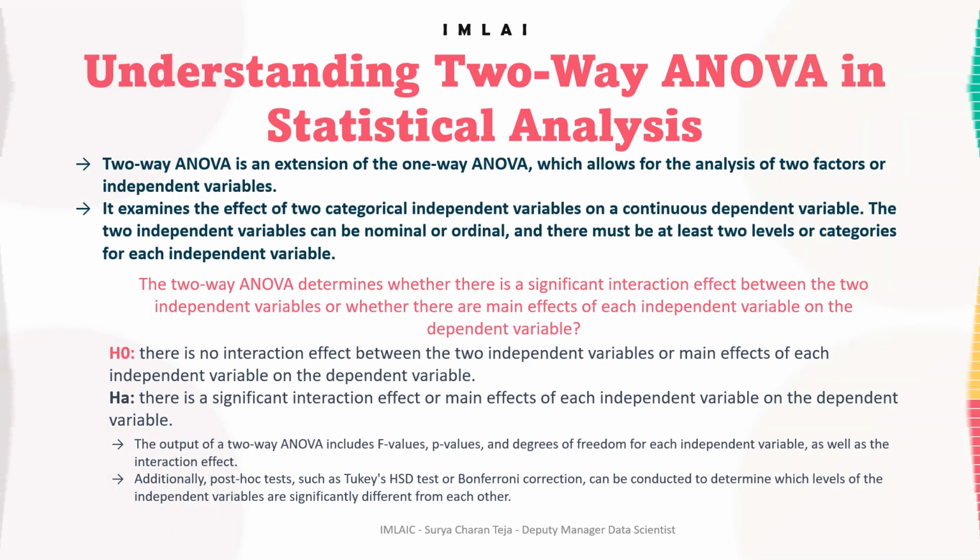Overall, a two-way ANOVA is a powerful tool for analyzing the effects of multiple independent variables on a continuous dependent variable, and is widely used in many fields including psychology, medicine, and engineering.